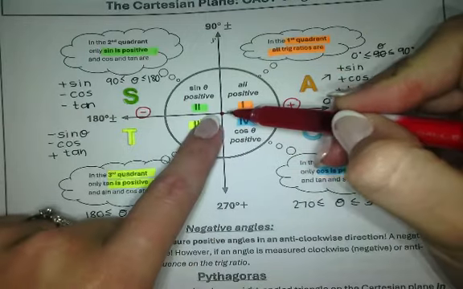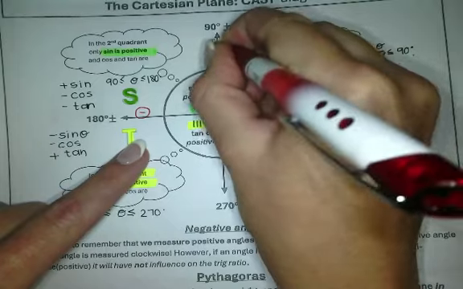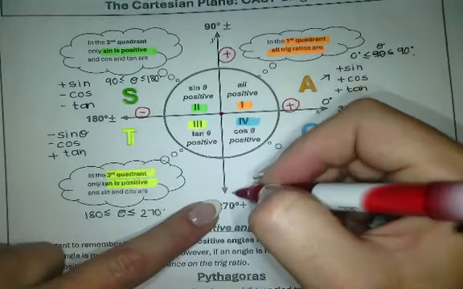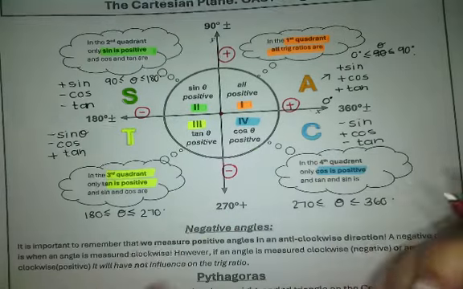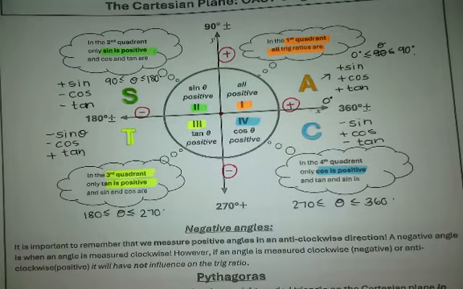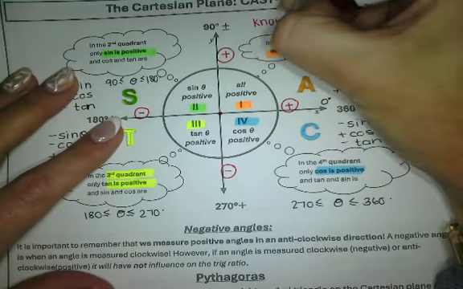The vertical line is your y-axis. From the origin up, y is positive, and down, y is negative. Right, are we all okay? Please know this CAST diagram off by heart.